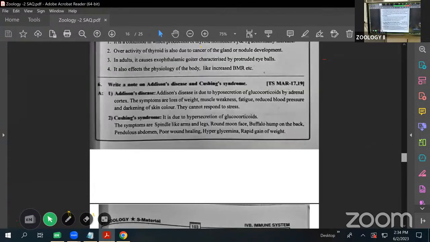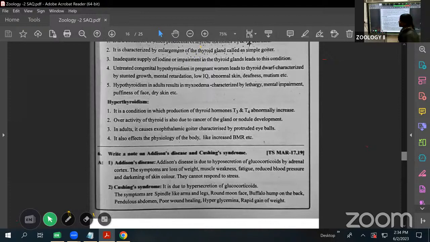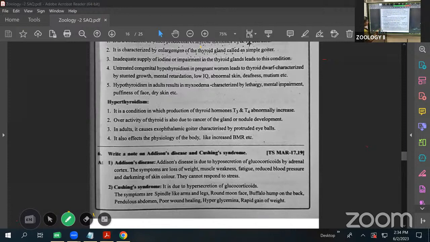Next one is Addison's disease and Cushing syndrome. See here.